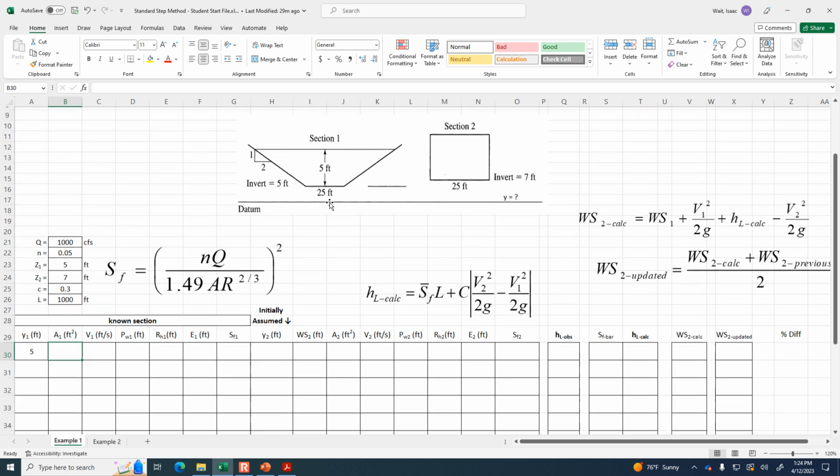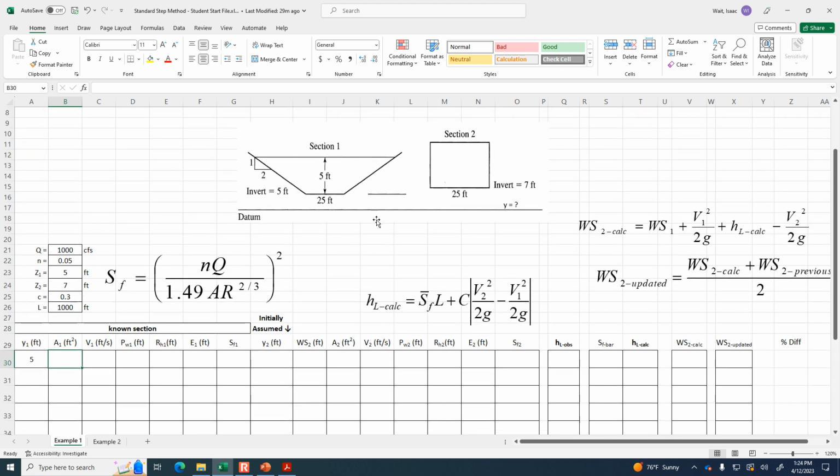The area, if we've got a trapezoid like this, is going to be 5 feet times 25, plus, if it's 5 feet deep on this side triangle and a 2-to-1 side slope, then that means it's 10 feet across the top. So it would be plus 5 times 10. So the area is 175 square feet.